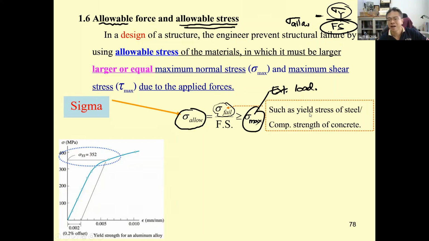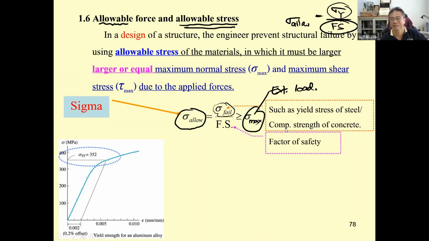And then the failure stress for the steel, we use the yield stress. For the concrete, we use the compressive strength. Why? Most of the time concrete is in a column, is in compression. We use the compression strength for the concrete.